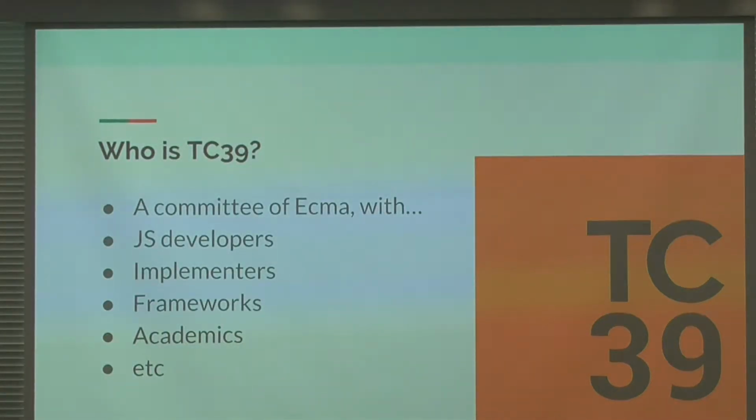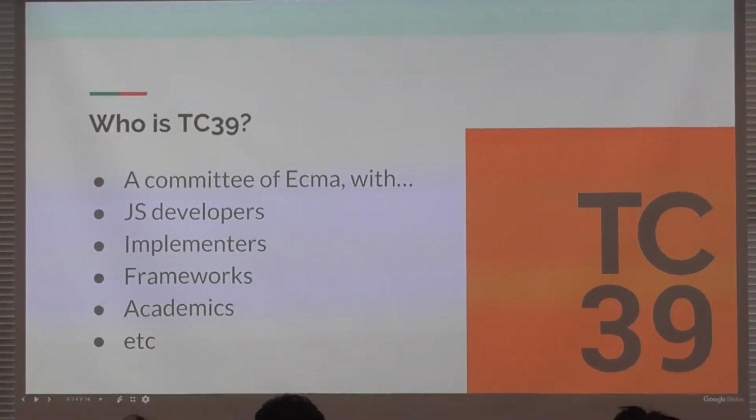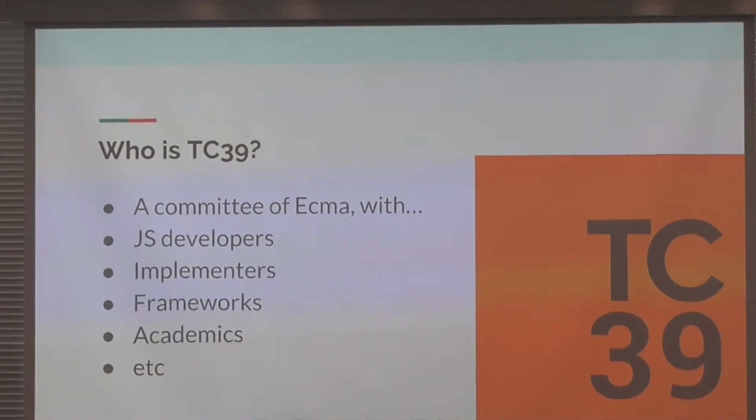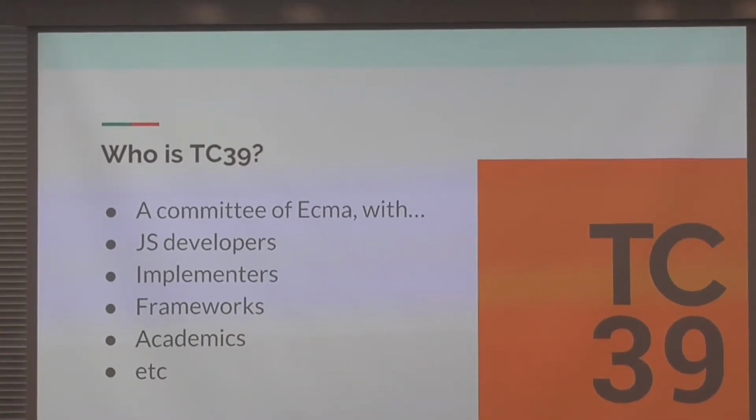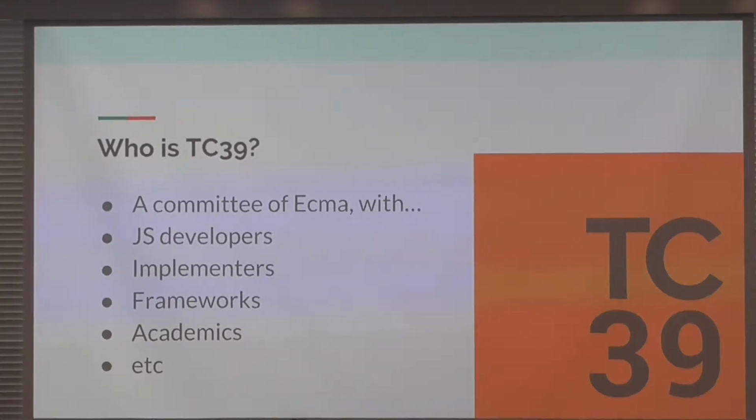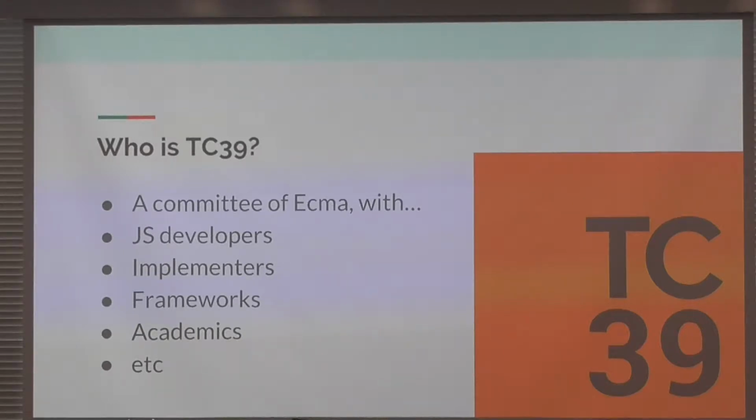But who is TC39? It's a group of people, it's a committee of this organization, ECMA International, a Geneva-based standards organization, kind of like the W3C. And it includes members such as JavaScript developers, implementers, people who make JavaScript actually work in web browsers and Node by writing things like V8, frameworks. React and Angular have for a long time been represented in the committee.